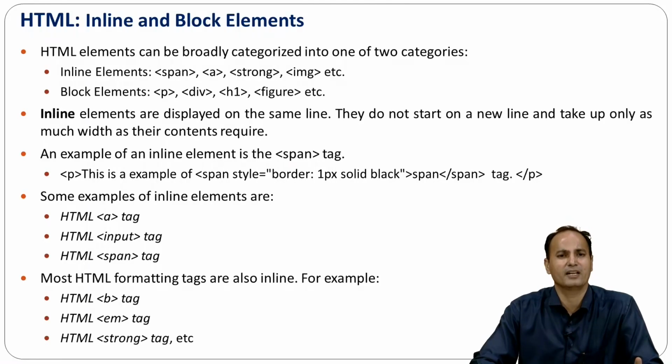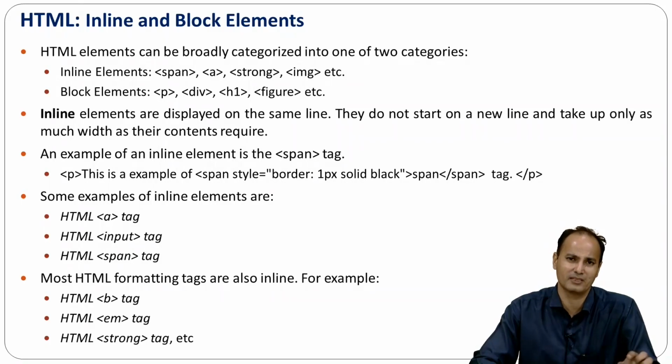Examples of inline elements are span, anchor, strong, images, etc. Block elements are the paragraph, division, H1, figures, etc. Some examples of inline formatting tags we have already seen are the B tag, that is for bold, and for other formatting purposes, EM and strong, same as bold.